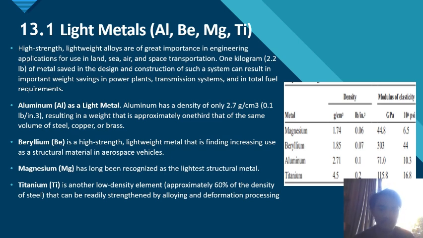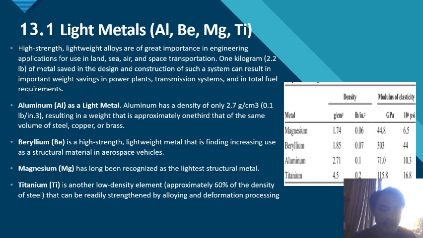As we can see here, magnesium has a density of 1.74 grams per cubic centimeter, or 0.06 lb per cubic inch, and a modulus of elasticity of 44.8 GPa, or 6.5 ×10^6 psi. Aluminum, as a light metal, has a density of only 2.7 grams per cubic centimeter, or 0.1 lb per cubic inch, resulting in a weight approximately 1/3 that of the same volume of steel, copper, or brass.